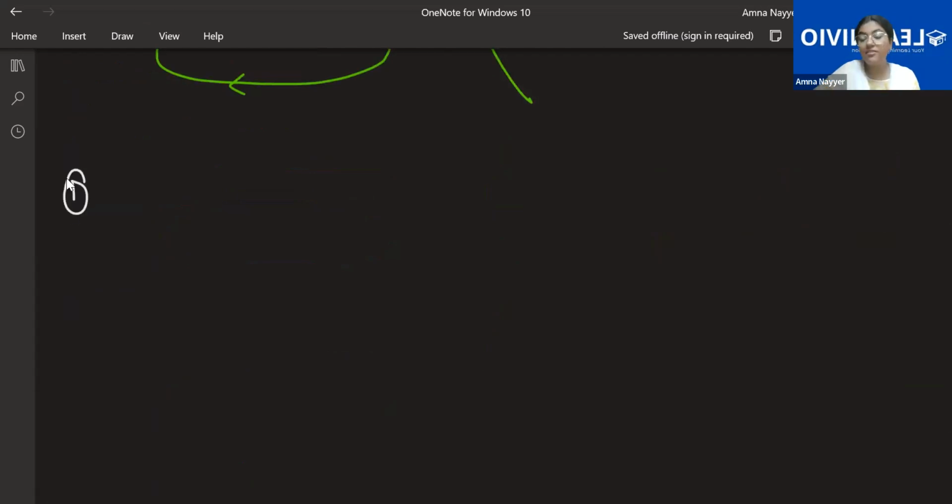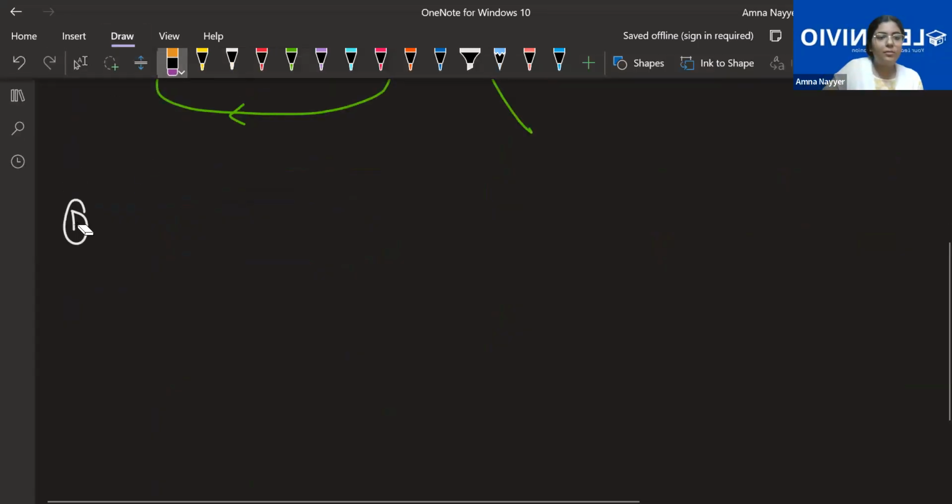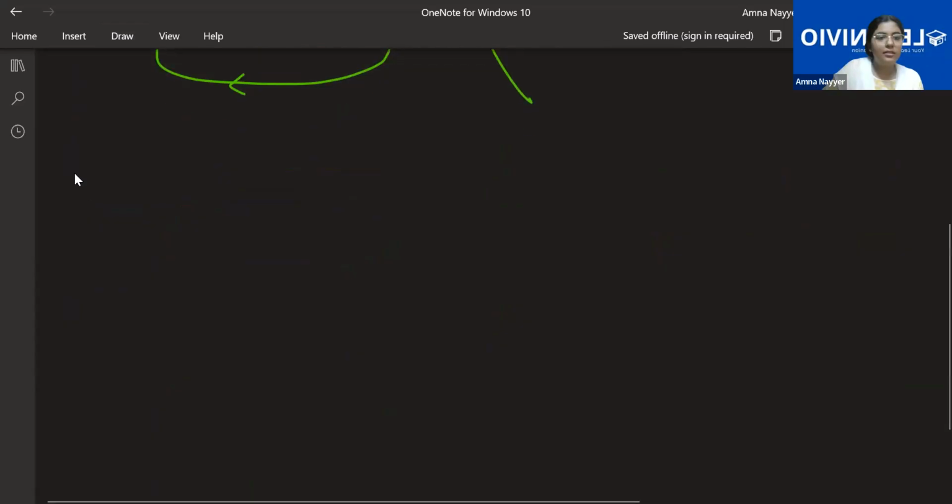For a bar magnet, first property: magnetic field lines form closed loops. This is unlike what we studied in electrostatics, where closed loops weren't formed.